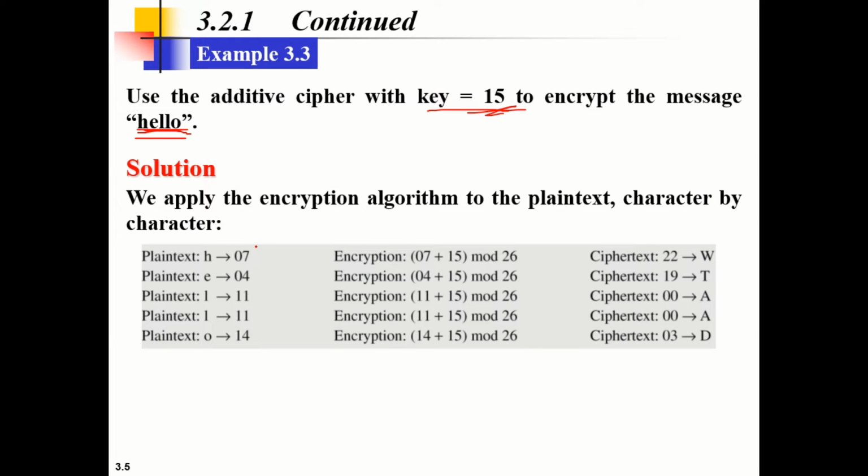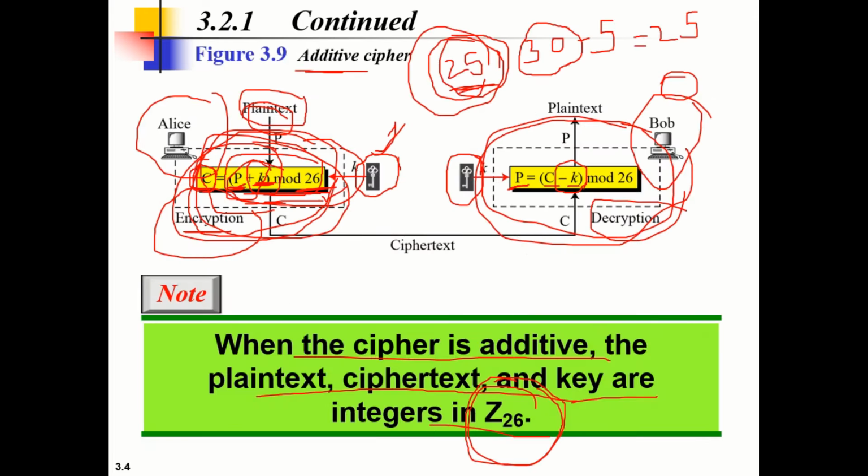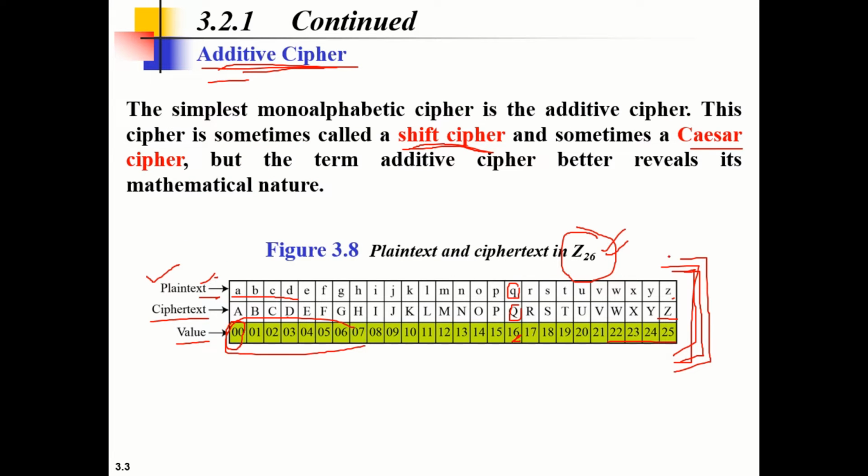We will find out the values of these given characters in the plain text from the initial table, this table, right? We'll find the values. So here you can see that the value for H is 7, value for E is 4, value for L is 11, and the value for O is 14.